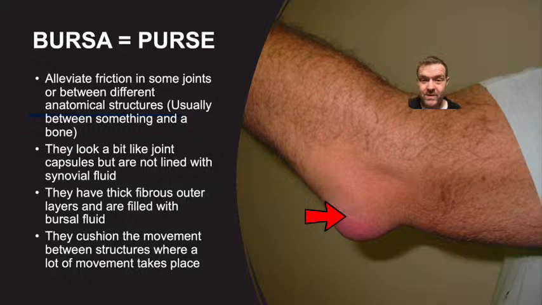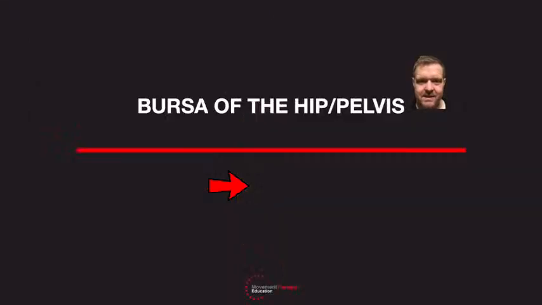They're always on their knees, and it will just irritate that bursa, and they come up massive. That was often called a housemaid's knee. I don't know whether that's politically correct to say now, but that's what you'll see in the books. So that's what they look like when they're inflamed.